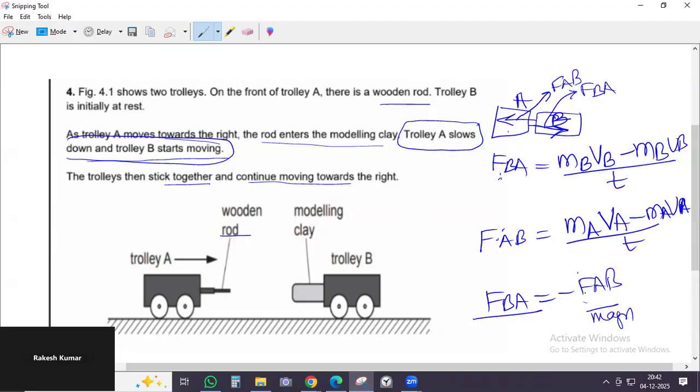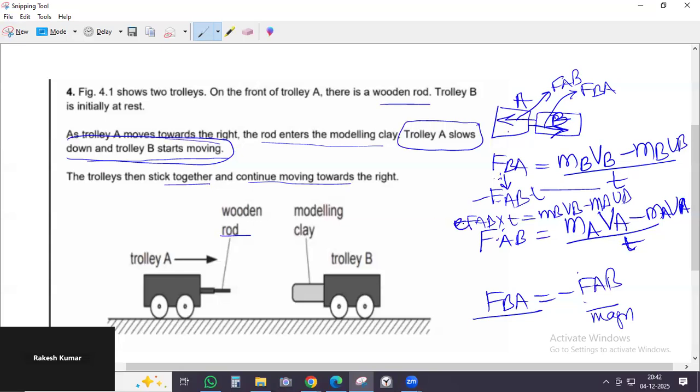Now if you notice, I can write this as minus FAB, and then multiplying by T, it becomes minus FAB into T is equal to MB VB minus MB UB.